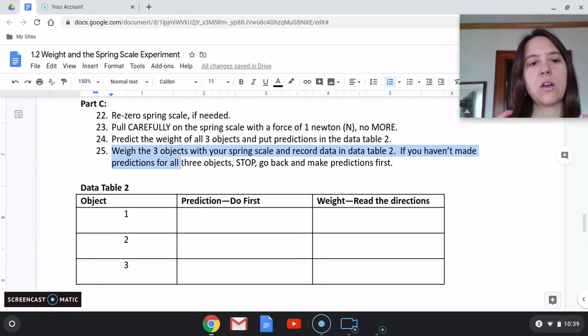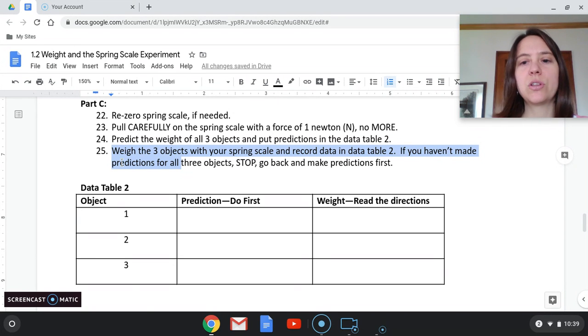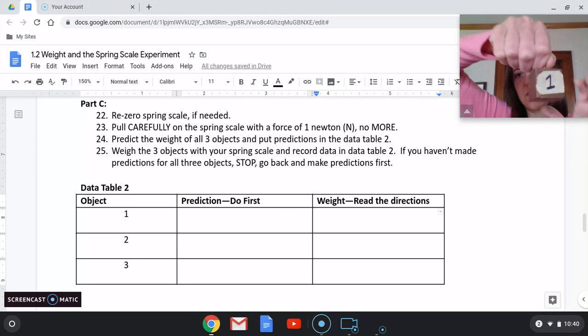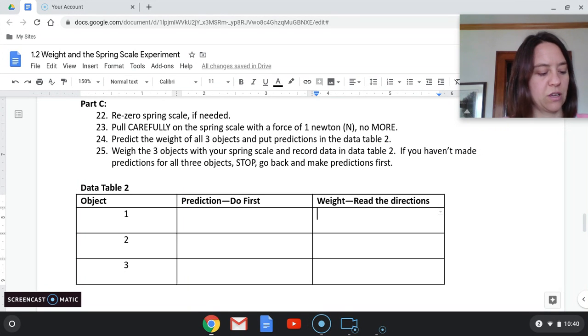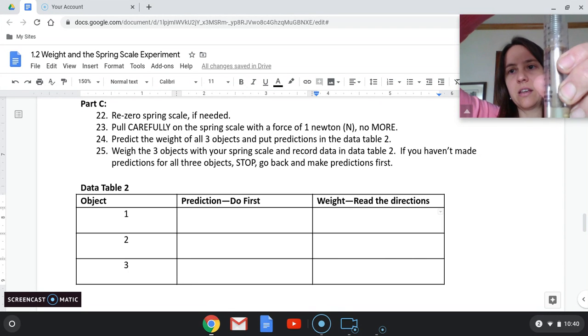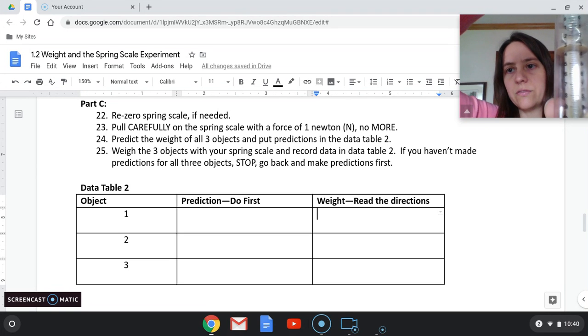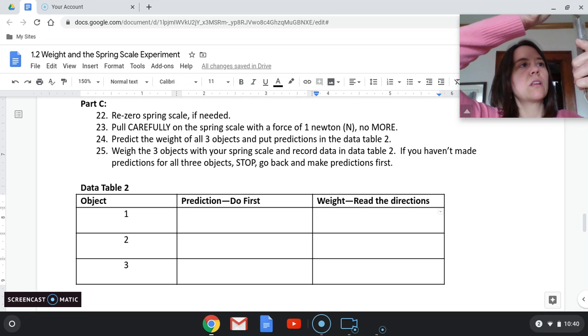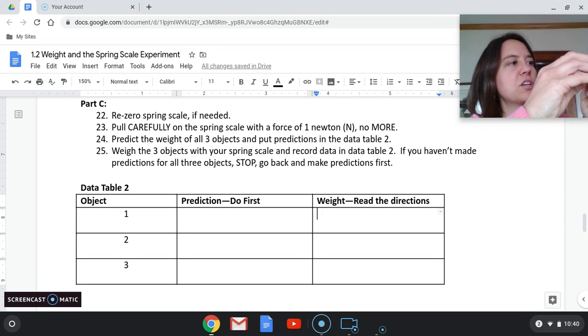Number 25. Weigh the 3 objects with your spring scale and record data in data table 2. If you haven't made predictions for all 3, stop, go back and make predictions first. So let's start with the weight of object 1. I'm going to put object 1 on the spring scale, and if you can see, the divisions here are 1, 2, 3, 4, 5.